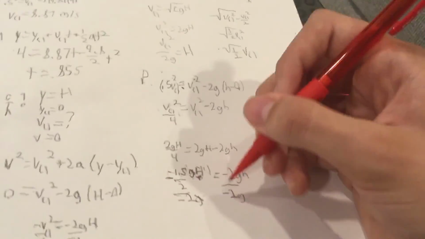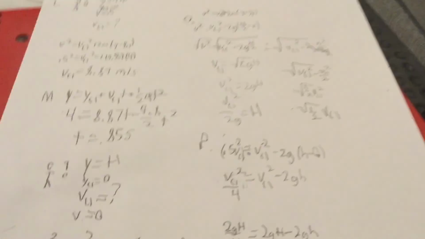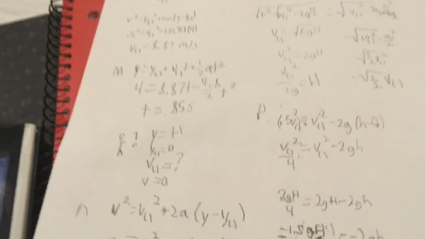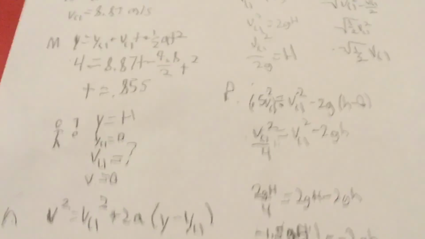Cancel out the g's. Then we just have h equals, let me see what we got here. Yeah, it looks like I skipped a step.